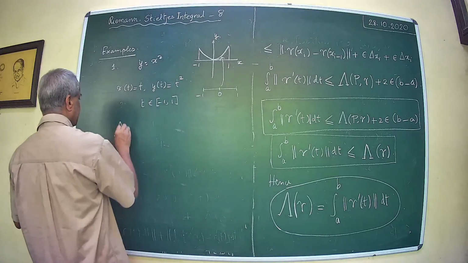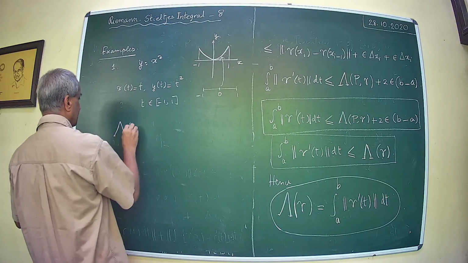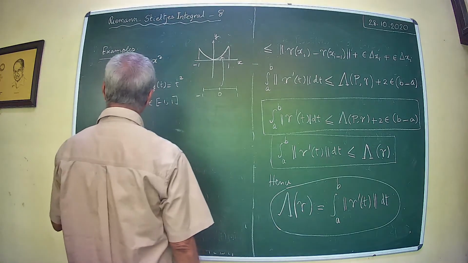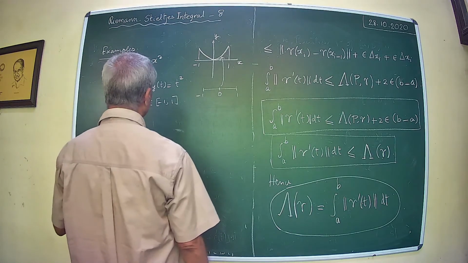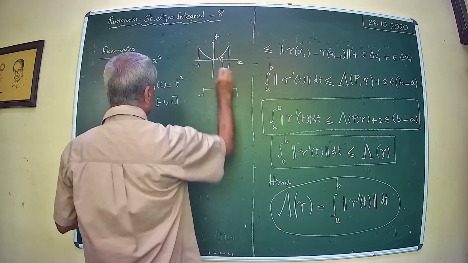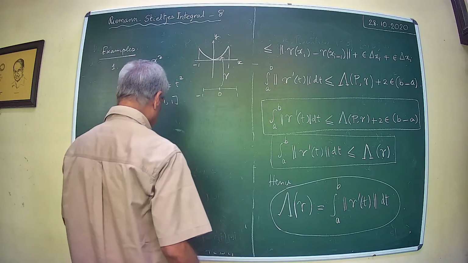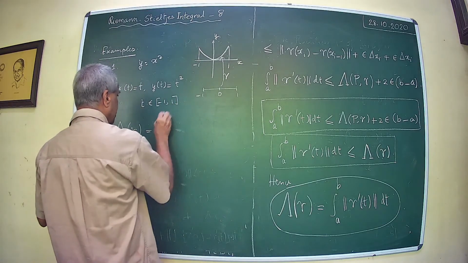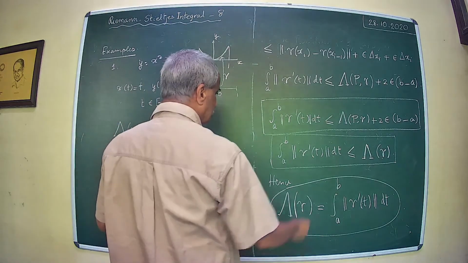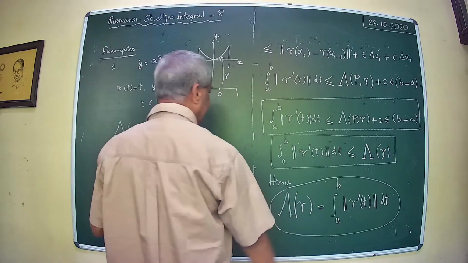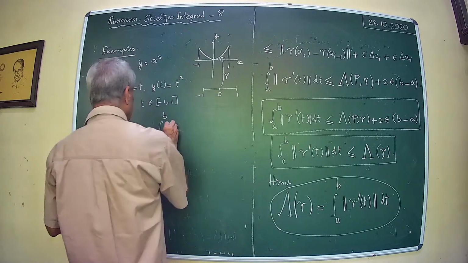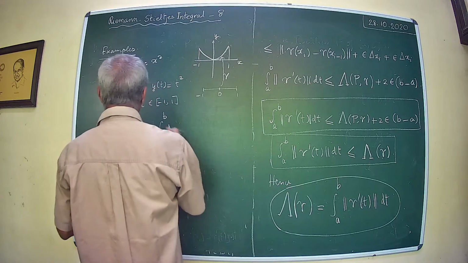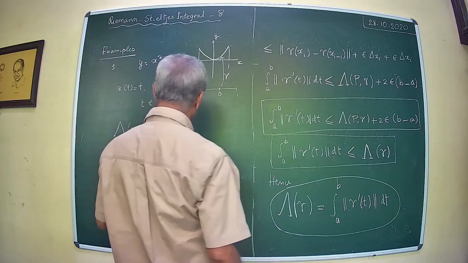So hence, this is your curve gamma. Lambda gamma in this case is the integral from a to b. What is the norm of that? What is gamma prime? This is the norm of gamma prime t.